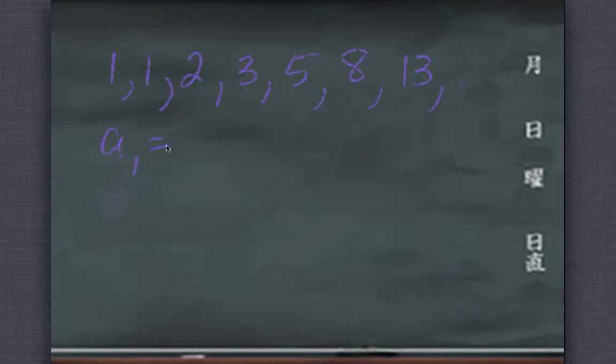But the way you define it, because you're always adding the 2 before, you have to have 2 to start with: a sub 1 is 1, and a sub 2 is 1, and then a sub n is the 2 before, plus the 1 before.